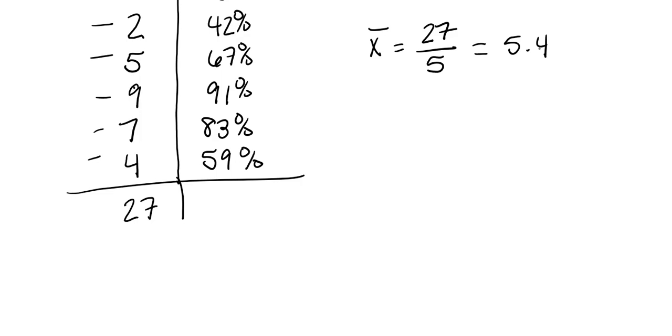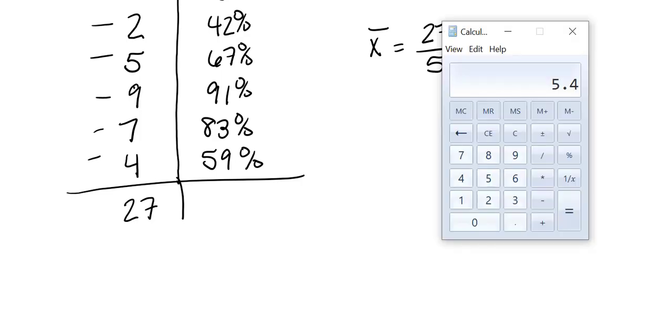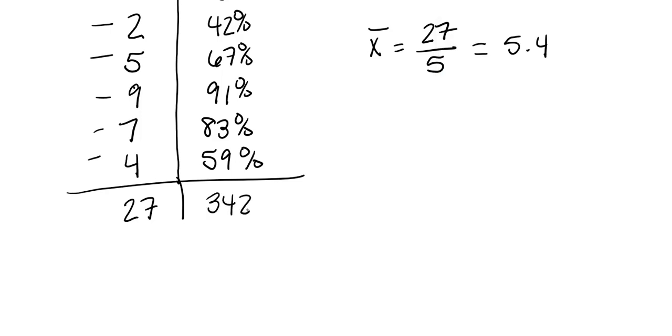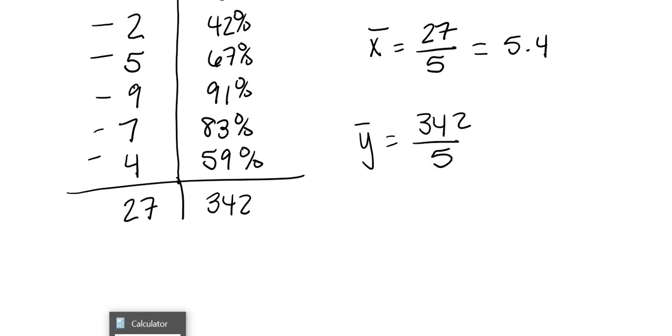Now let's add up all our y's first before we divide. So 42 plus 67 plus 91 plus 83 plus 59 is equal to 342. So y bar is then 342 divided by 5.